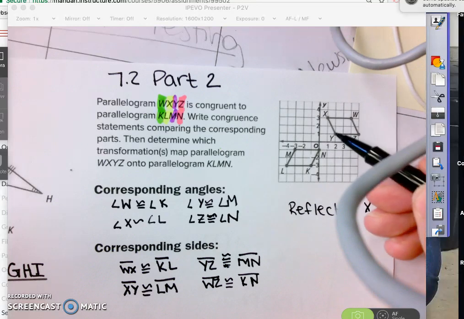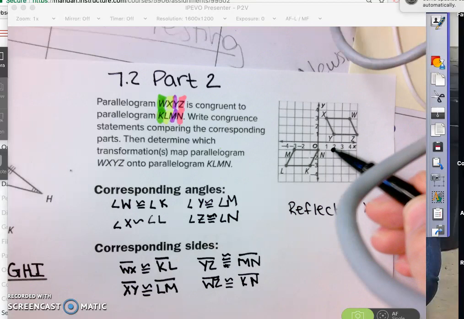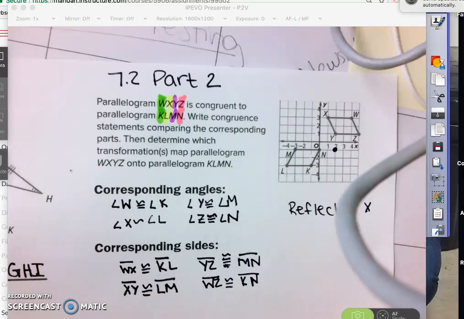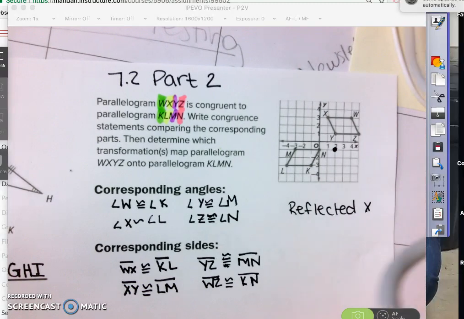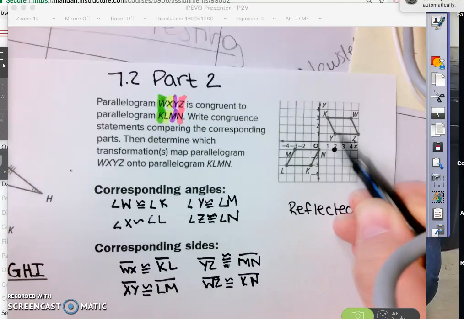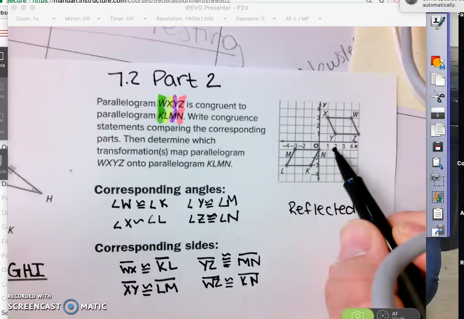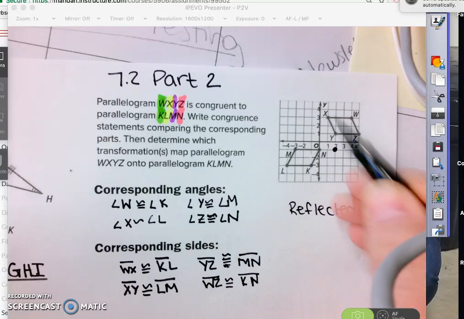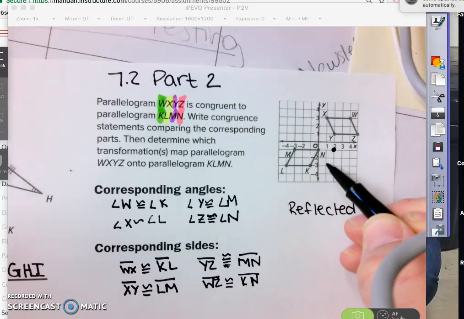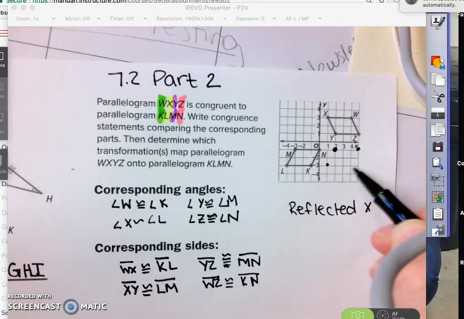Now if I think about it reflecting over the x, this will become right here. It'll be helpful to just choose one point to see. So I'm reflecting from this one to this one. Remember, Y and M are the same. So if I reflect this down, it's going to flip down, so this one would be about here, and this one would be here, and this one would be here.